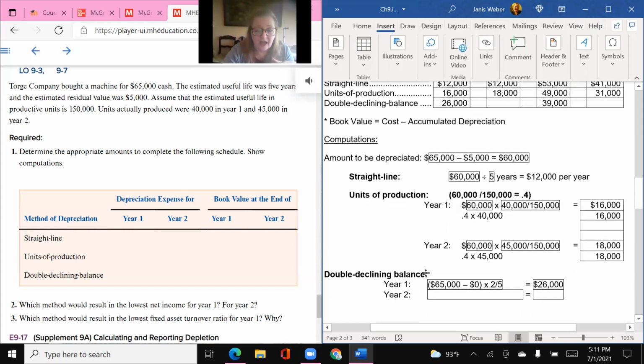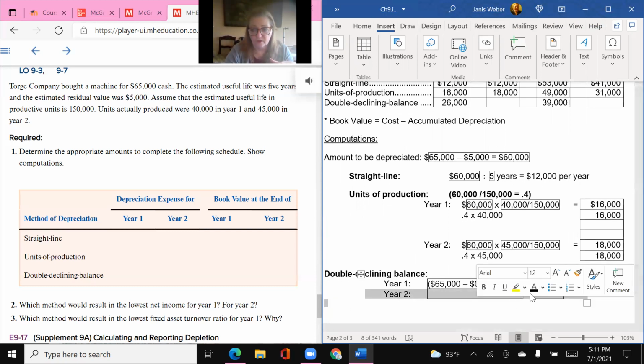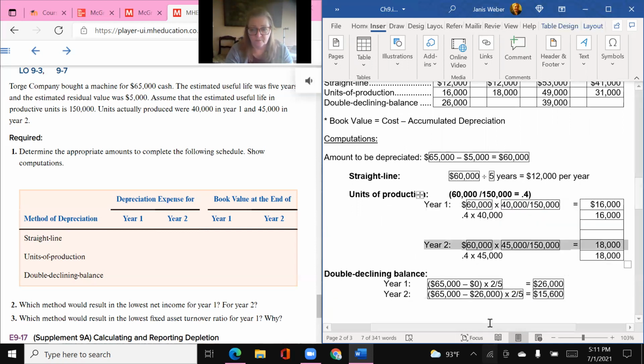I'm going to say 39,000 times 40%. So they're just calculating again the net book value right there, times 2/5, which is the same as 40%. So the depreciation for year two is 15,600.